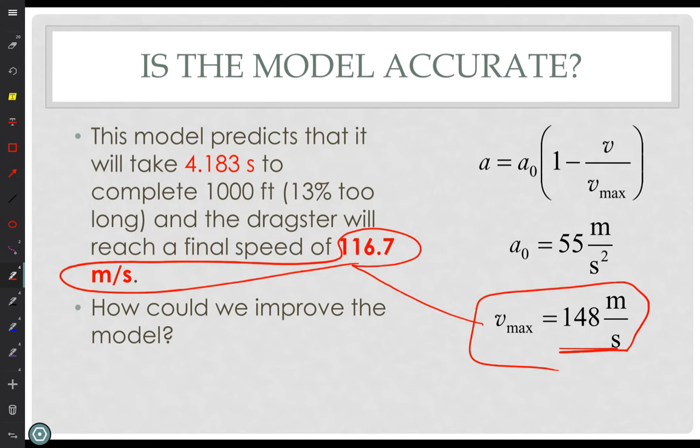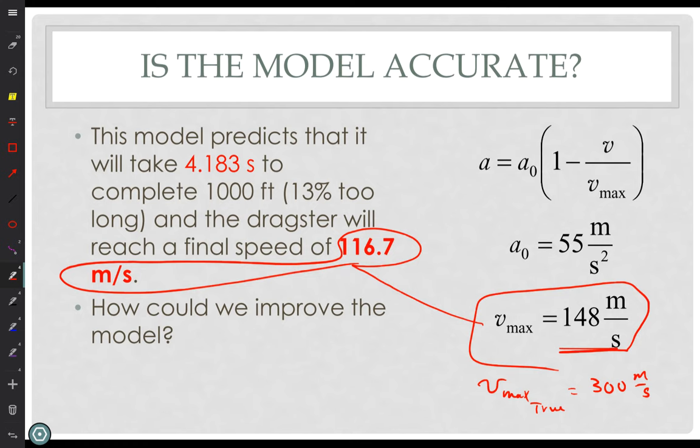So I went back in and I just randomly tried a couple numbers. If I had set the true Vmax at 300 meters per second, saying the dragster could reach a maximum speed of 300 meters per second, twice what it reaches at the end of 1,000 feet, then it gives you 148 meters per second for its speed at the end of 1,000 feet, and it gives you that 3.7 seconds for the 1,000 feet.